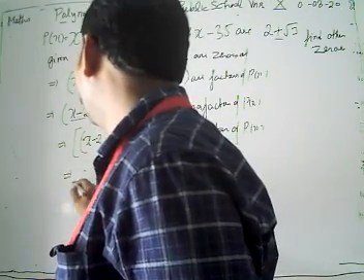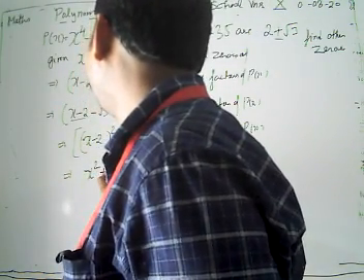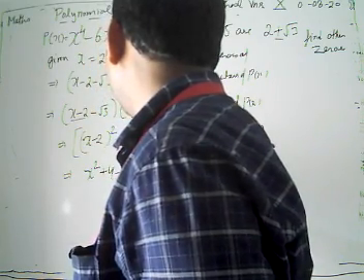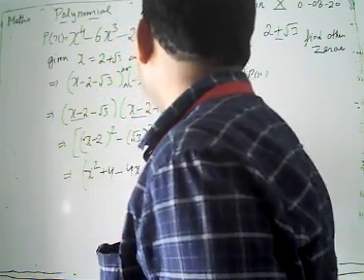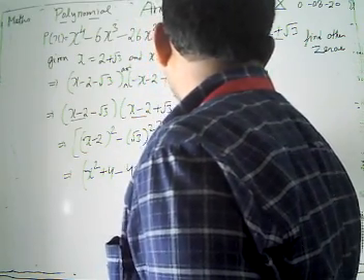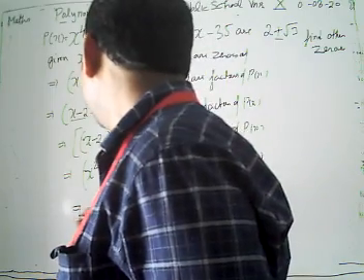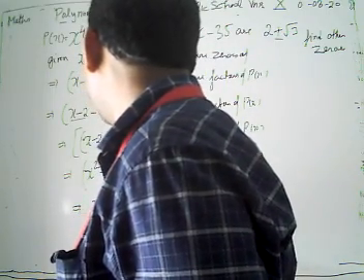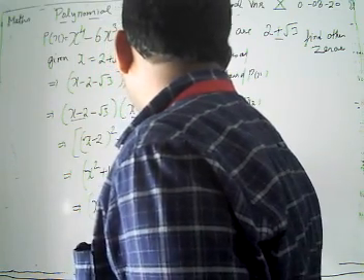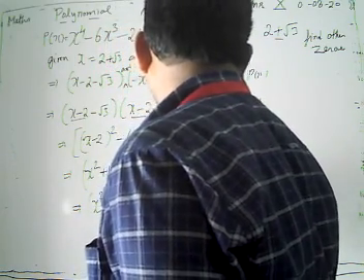We are going to simplify and we get x square minus 4x plus 1 is a factor of our p(x).